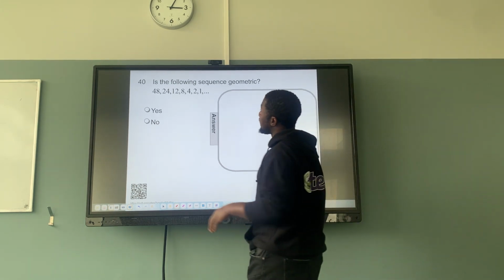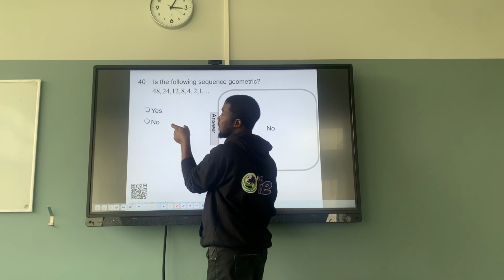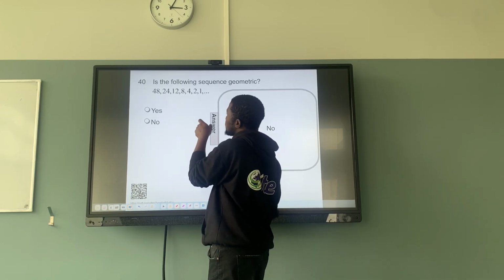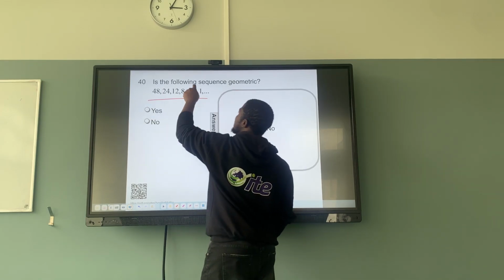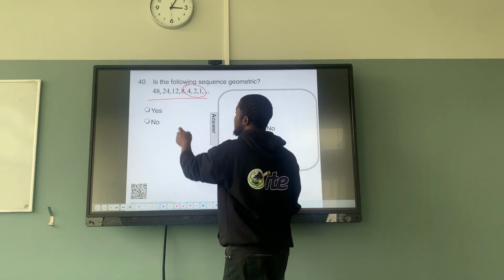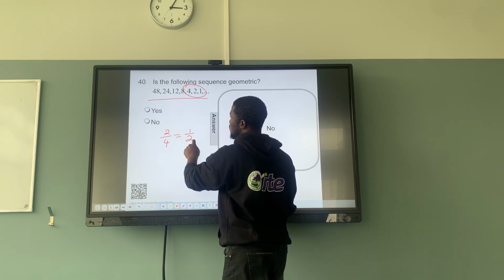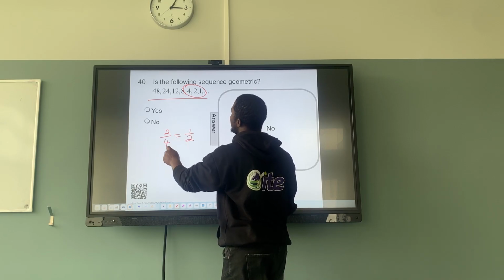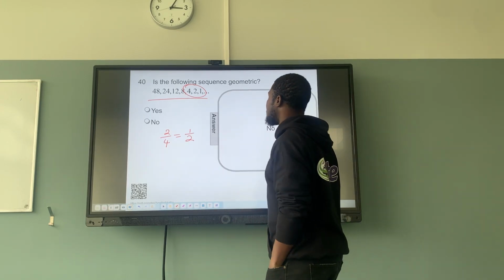Look at it. If you take the ratio between the second term and the first term, it should be the same as the ratio between the second term and the third term. If I look at these numbers, it's easier to prove for these three numbers. I know 2 over 4 should be the same as 1 over 2.